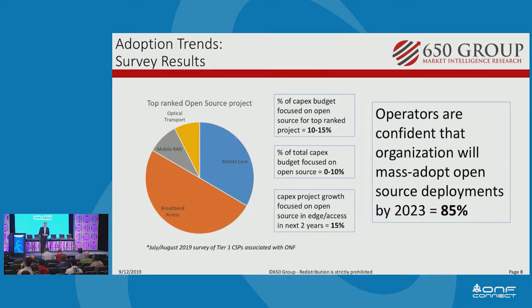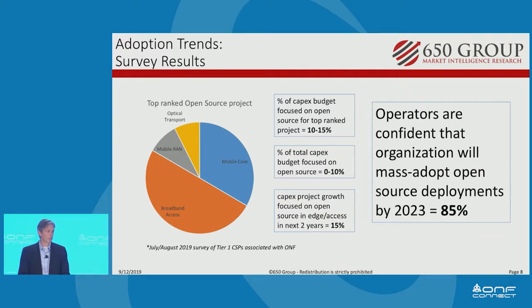Okay, so what we did here is took a look at the CORD market and held a survey contacting telecom operators and asked a bunch of questions. So the idea here is we asked, what is the top ranked open source project you're working on?